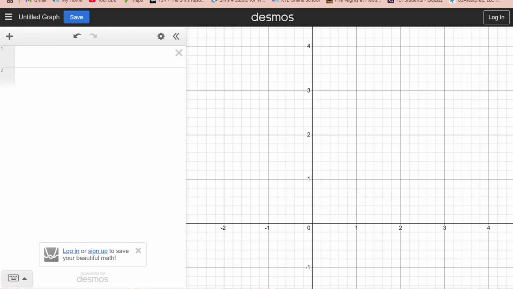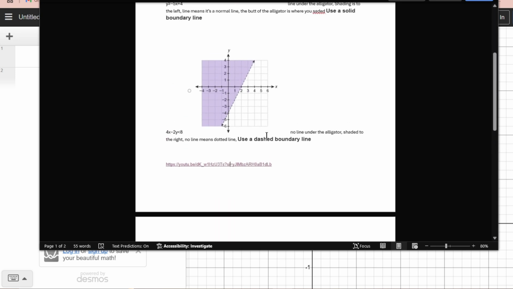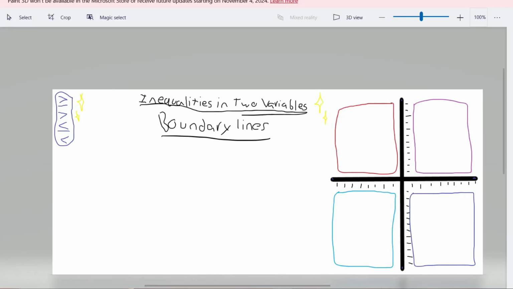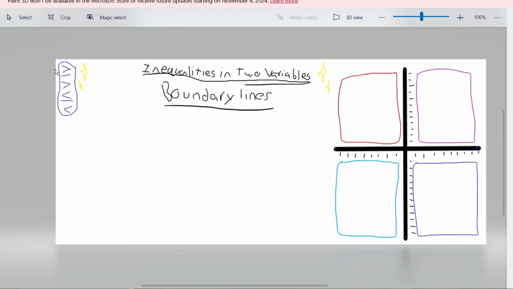Khan Academy, I believe that's how it's said. We also have a few other YouTube videos. Obviously, you can go to YouTube and search inequalities with 2 variables. You'll probably find someone that explains it a little bit better. And yeah, here we are. Inequalities with 2 variables, the easy way of doing it.